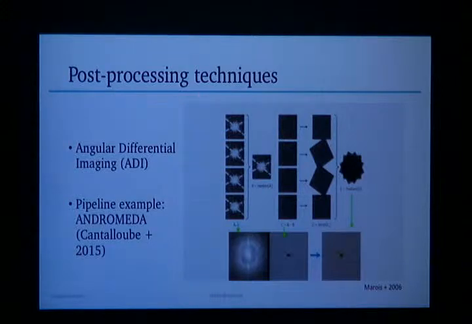So if you have a planet, like in this example, the planet will be in different positions on each of your frames. And these type of frames will look like this one with the coronagraph, and these are some additional effects from the telescope and all the optics.